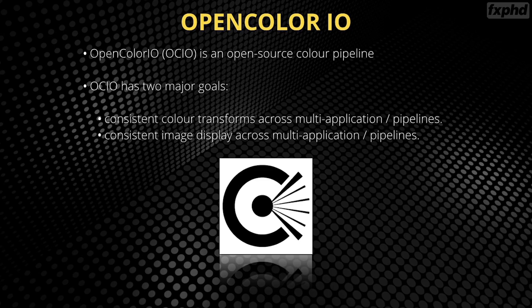Then we're not going to see the information clearly and accurately represented and reproduced. So the OpenColor.io open source project, which is really useful, really good, basically creates a consistent color transform and image display across all those applications. So that again is really interesting and well worth looking into.